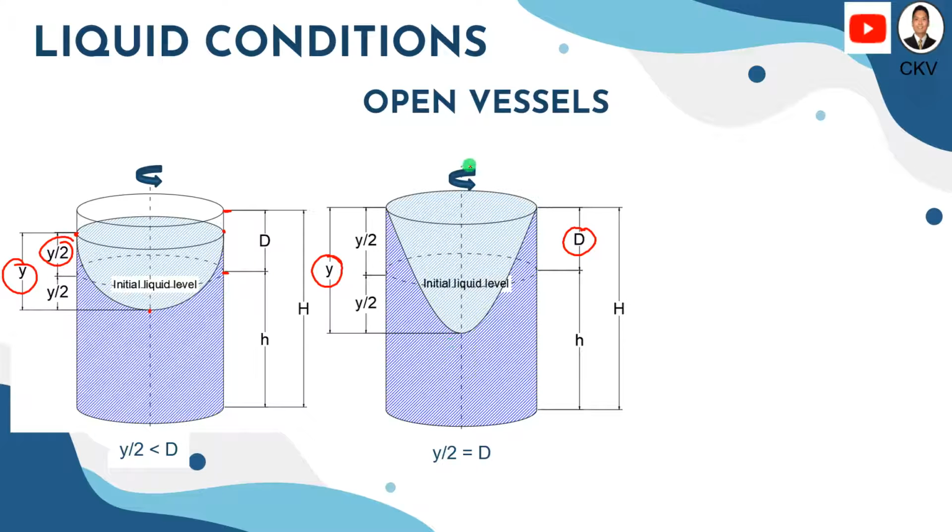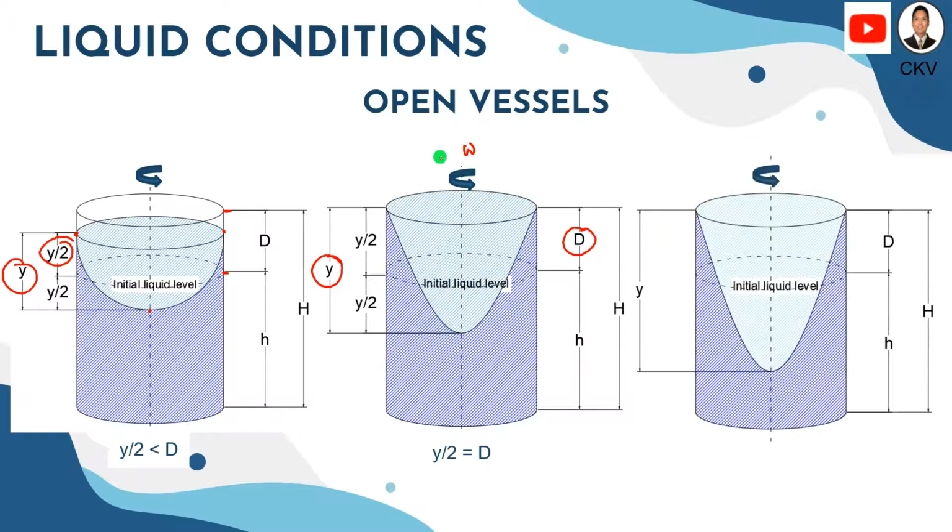But if the angular rotation increases again, so the value of y is very high, the computed y over 2 could be greater than the distance d. So what will happen here is that water will be spilled and the liquid surface will still have a depth of paraboloid which is equivalent to y.